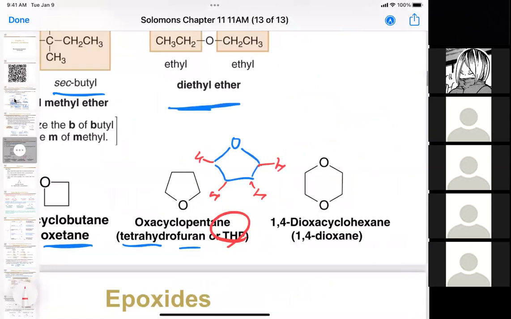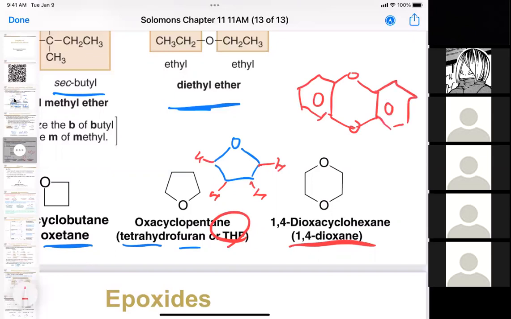Okay, and when you have 2 of them here, this would be, let's see, dioxycyclohexane, or this is dioxane. Okay, you may have heard of dioxanes building up in the water and stuff like that. Turns out those are benzodioxanes. And those look like this. And most of them have bromines and stuff on them.